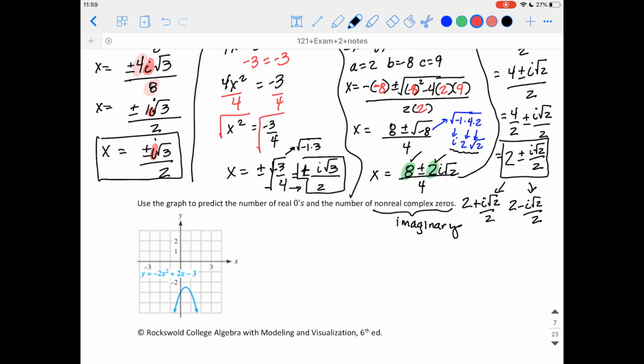All right, so the graph doesn't touch or cross the x-axis, so the number of real zeros is none. So let me write that down.